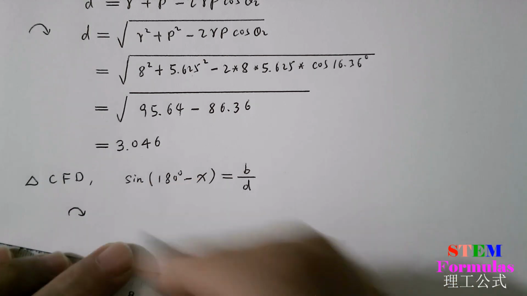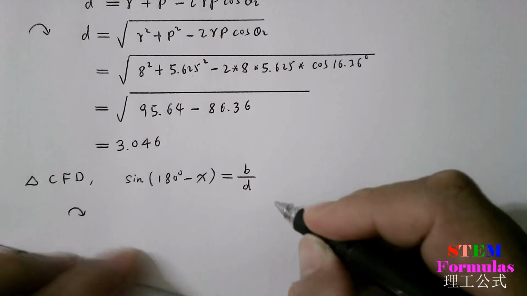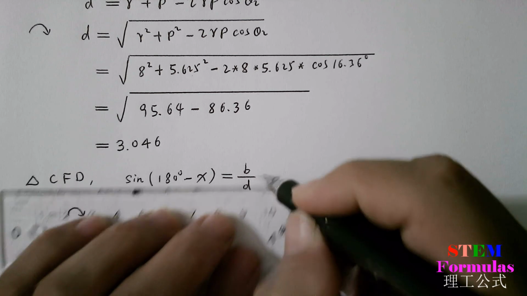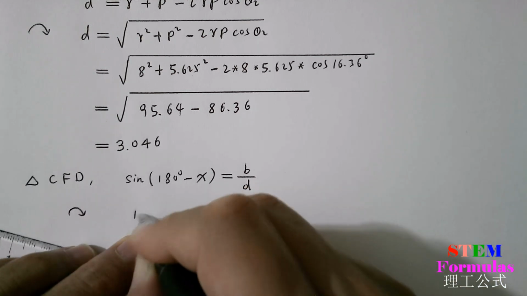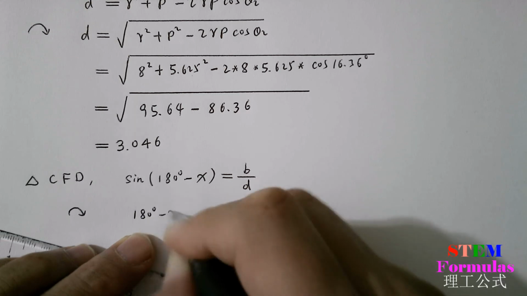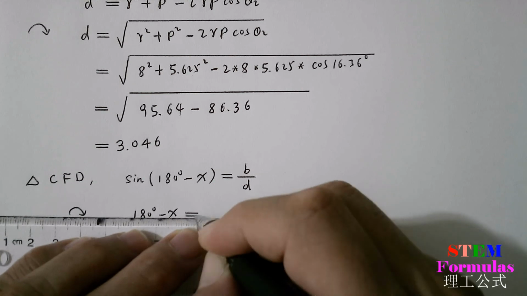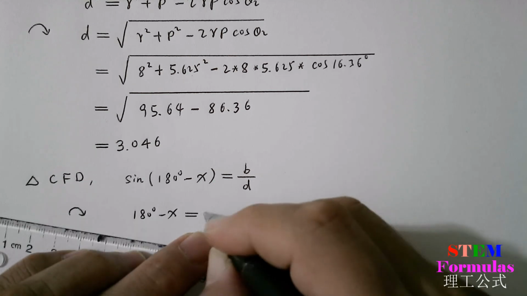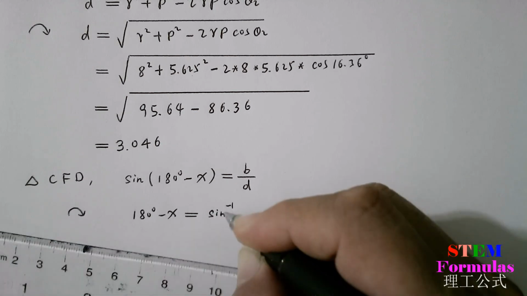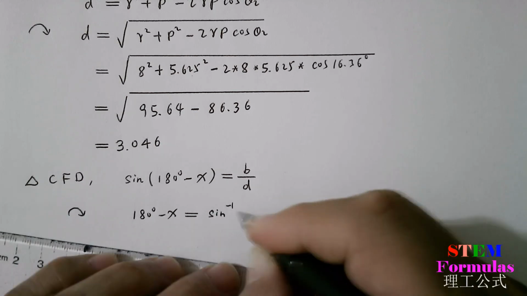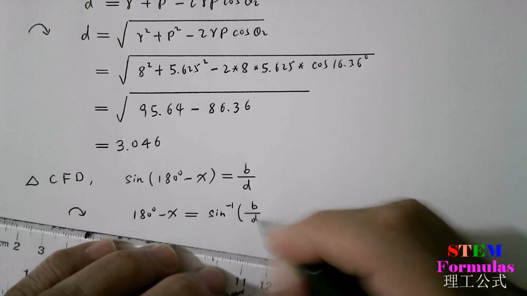If I substitute the numbers, therefore 180 degrees minus x equal sine inverse of b divided by d.